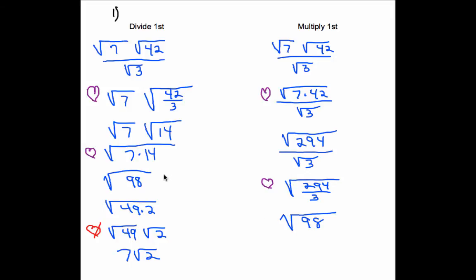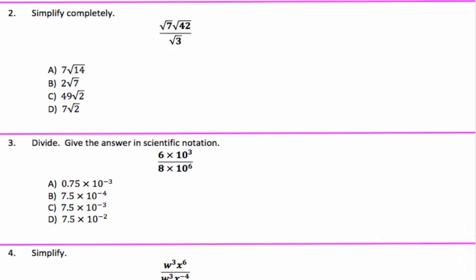And then we're at this point over here, the same thing we did when we were dividing first. So you just move that here, and again you'll get 7 times the square root of 2. And so the final answer is going to be choice D, 7 times the square root of 2.